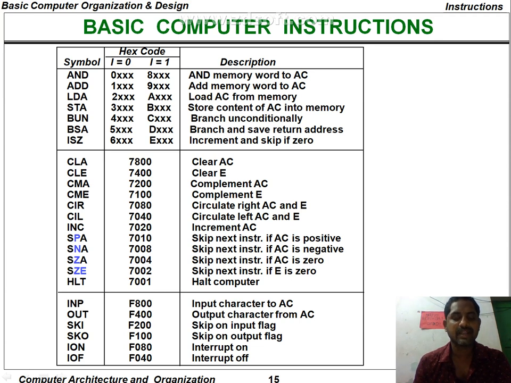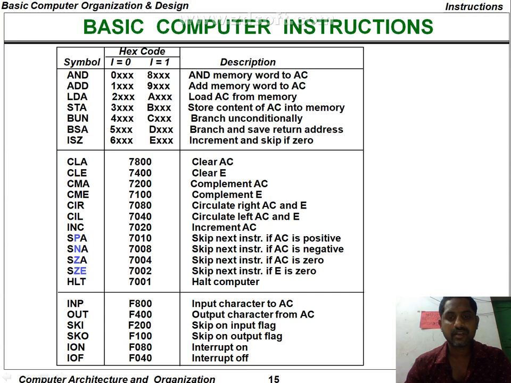SPA skip next instruction if accumulator is positive. SNA skip next instruction if accumulator is negative. And SZA skip next instruction if accumulator is 0. SZE skip next instruction if E equals 0. And HLT is halt computer.